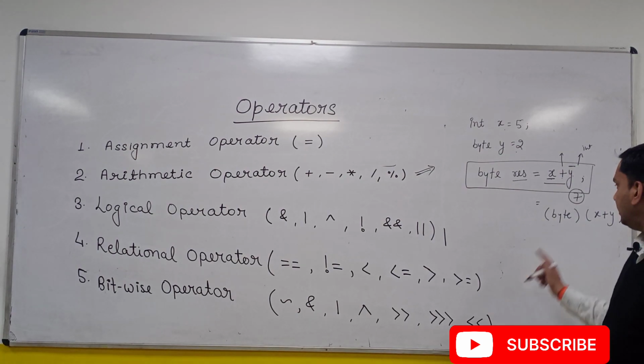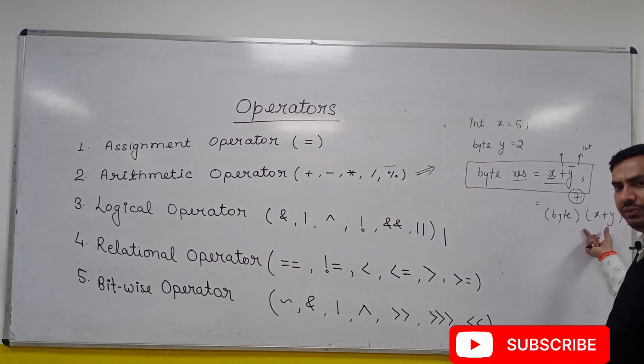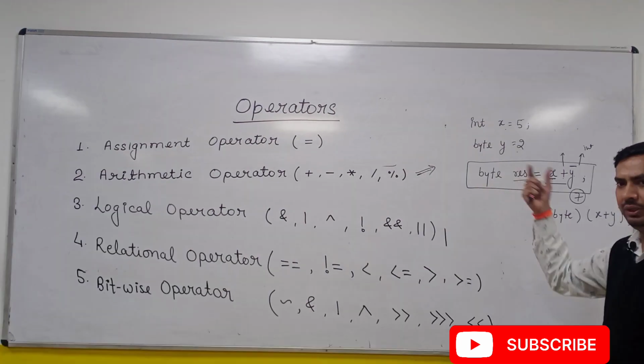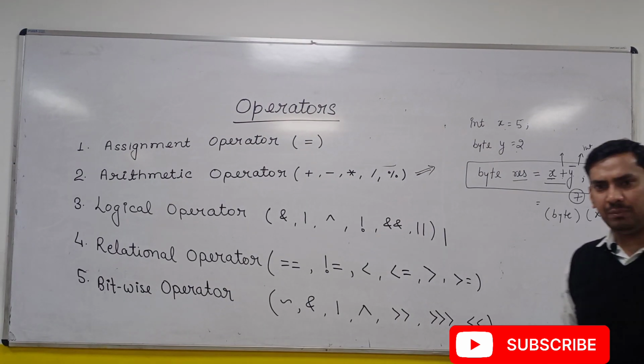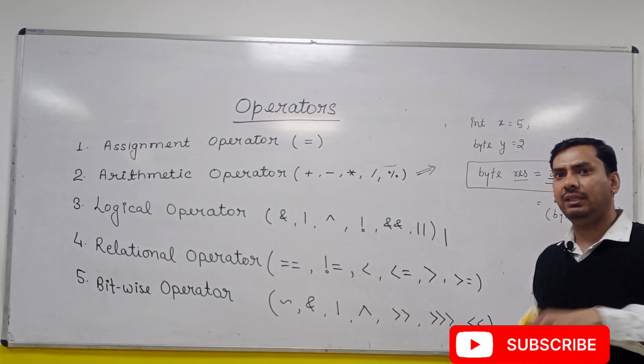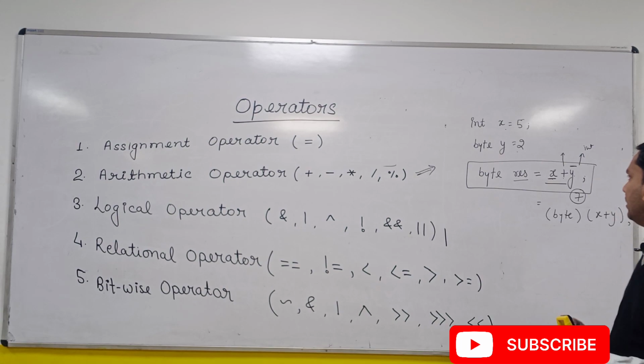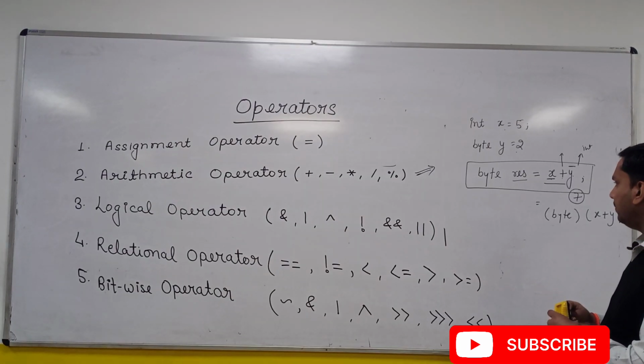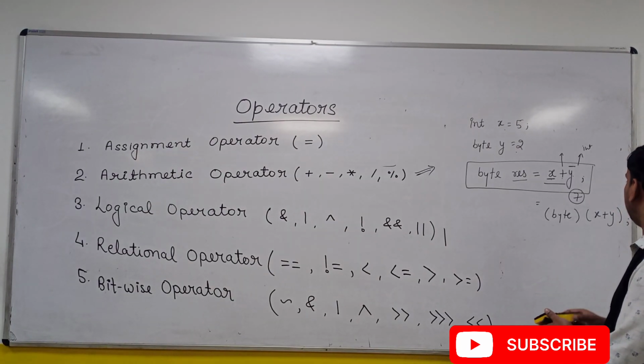This is required here because the result is of int type and we have to store it into a byte type variable. So from higher precision to lower precision conversion is required, which is narrowing, which is explicit.